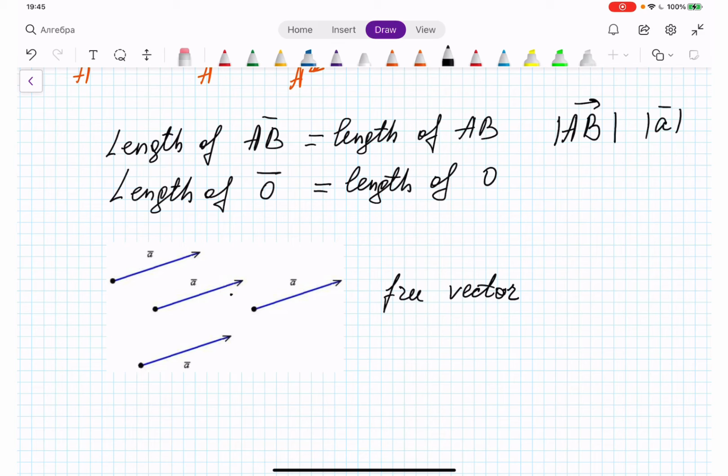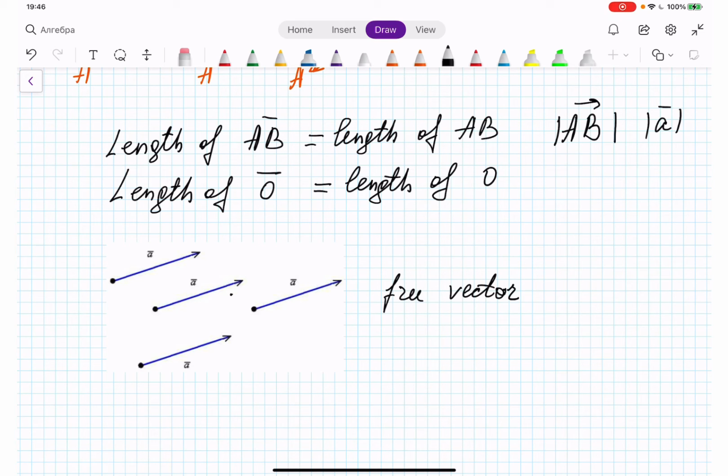A free vector is used in space, 3D dimension. So I will cover all this when I go into vectors in 3D space. But for now I'll just tell you that two vectors are said to be equal, or also we call it a free vector, if they have equal modulus and are identically directed.